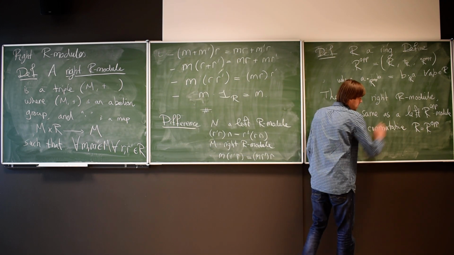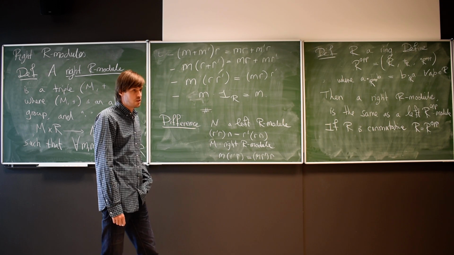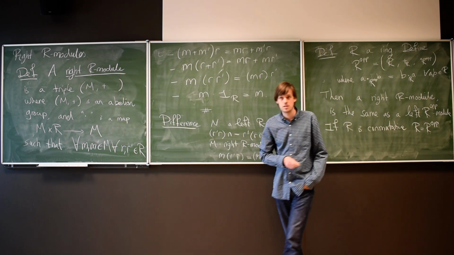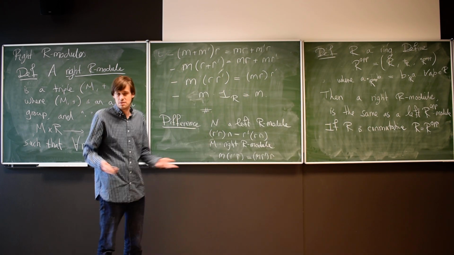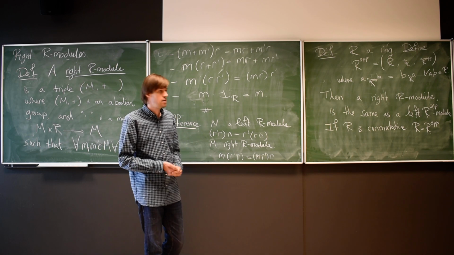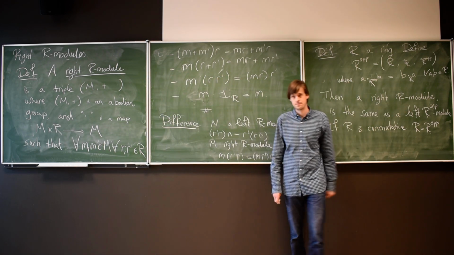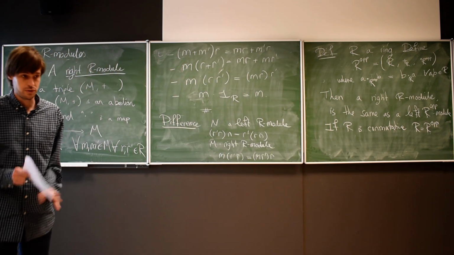But since we allow non-commutative rings, there really are rings that are not isomorphic to their opposite ring. So for those rings, the category of left modules can be very different, or there's no reason why it should look like the category of right modules. Okay, so the two concepts diverge for non-commutative rings.